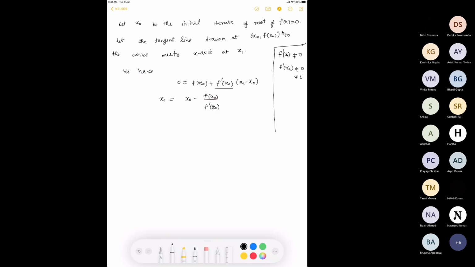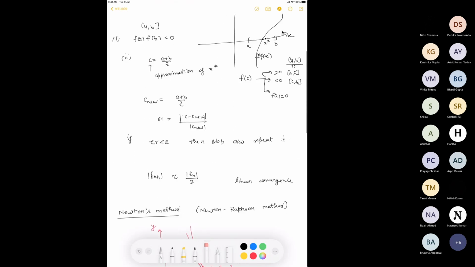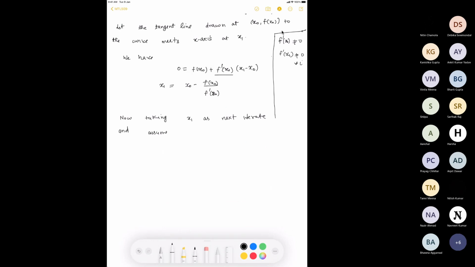Now I will take this as the next iterate, and assume that the tangent line to the curve y equals f(x) at this point (x1, f(x1)) meets the x-axis at x2.